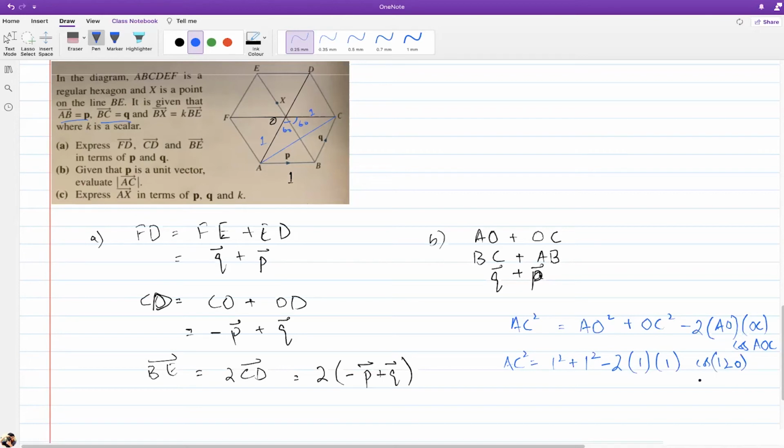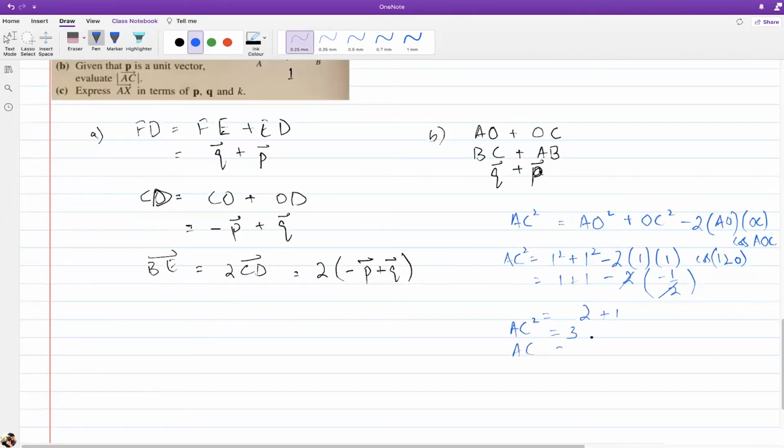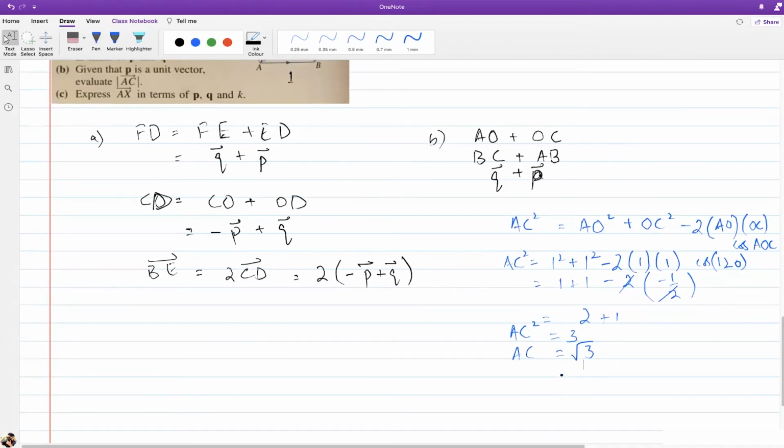What is cos of 120? Minus 1 over 2. So it is 1 plus 1 minus 2 into minus 1 over 2. So it's going to be 2 plus 1, that is going to be 3. AC squared is 3. So what is the length of AC? It is just square root of 3. That's it.